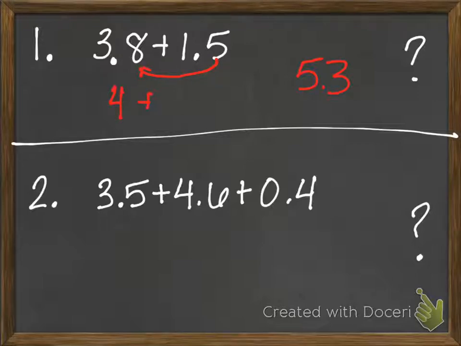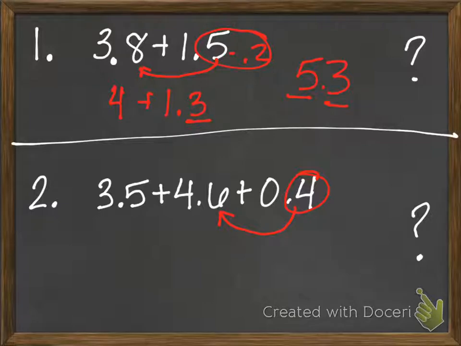If I took away 0.2 from this, I would have a 1.3, and then 4 plus 1 is 5, and I have that 0.3 on the back. Now this bottom one's pretty easy because I can take the 0.4 and add it over here to make this a whole number of 5. So I have 3.5 plus 5, which would be 8.5.